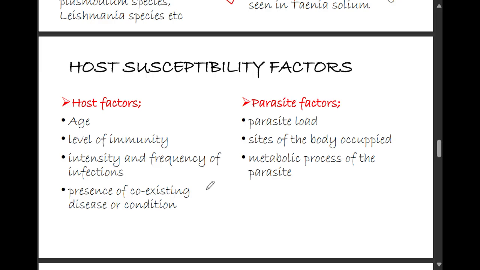These are the factors that exacerbate the chances of parasite transmission.